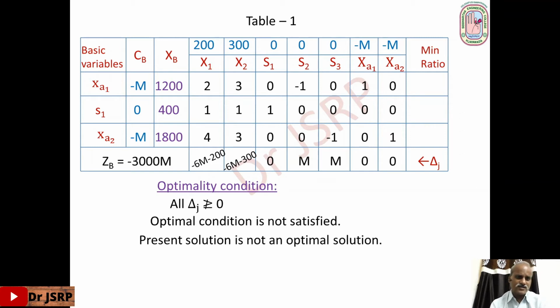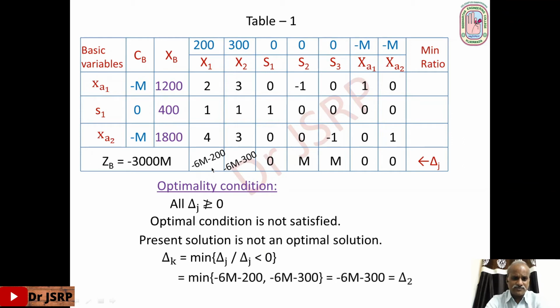We have to find a new basic feasible solution by replacing one of the basic variables by a non-basic variable. For that, first we find the entering basic variable. How do we find the entering basic variable? We consider the minimum of negative delta j values. That is, delta k equals minimum of delta j such that delta j is less than 0.